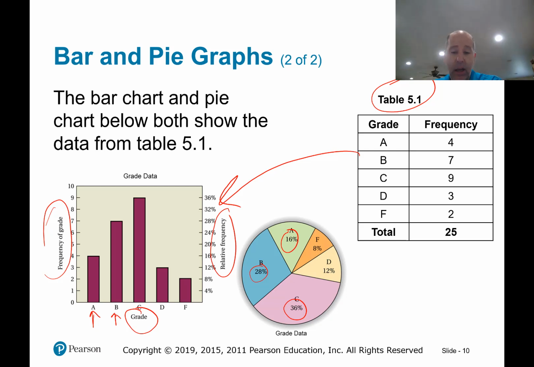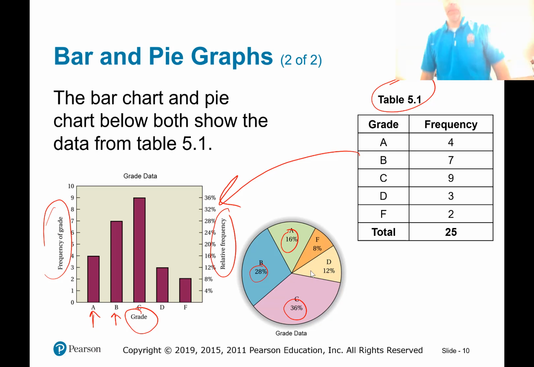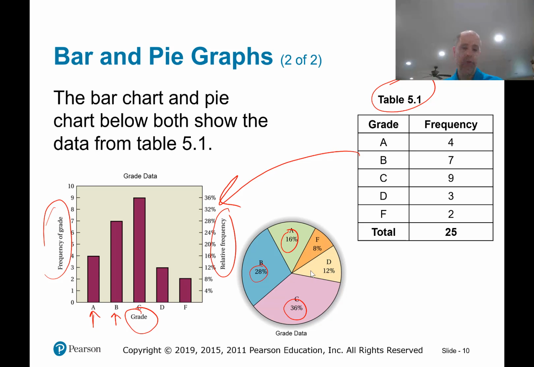So you can see how useful pie charts and bar charts are in and of themselves. You can easily see proportions with the pie chart, and that's always useful. And with the bar chart, you can see the distribution of the grades in the class.